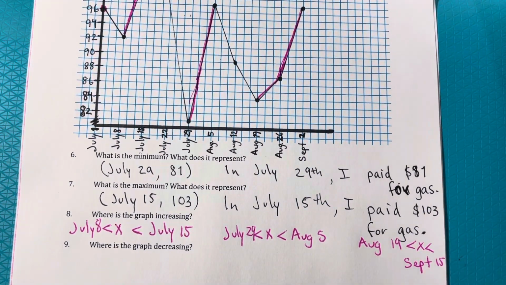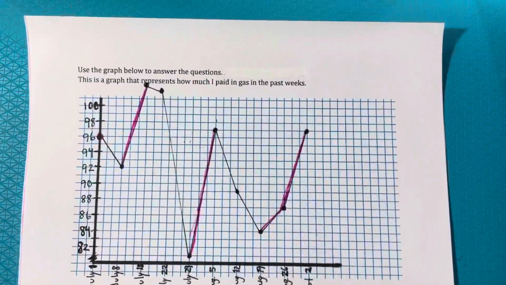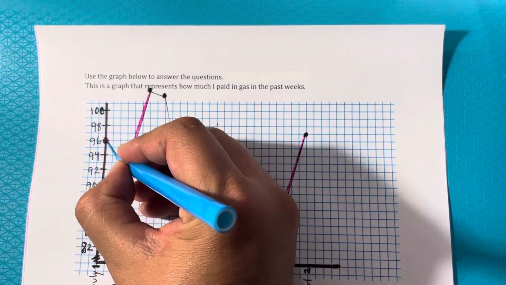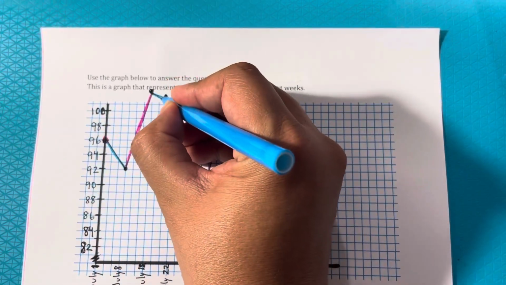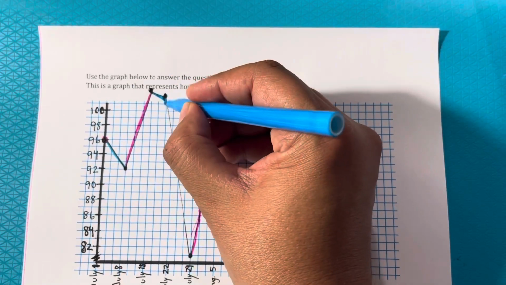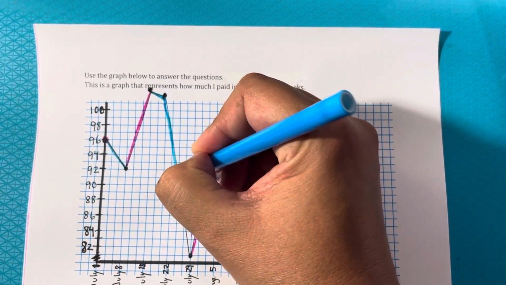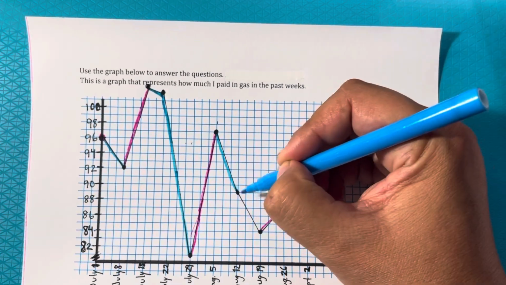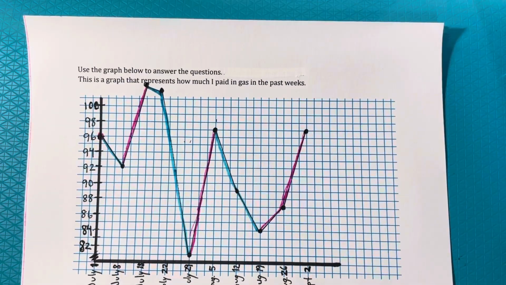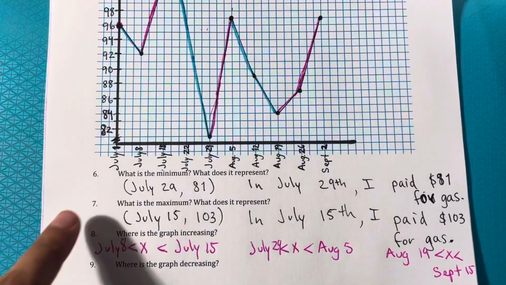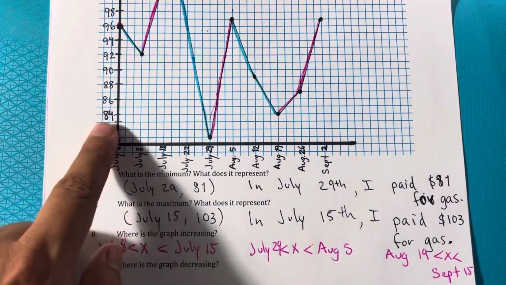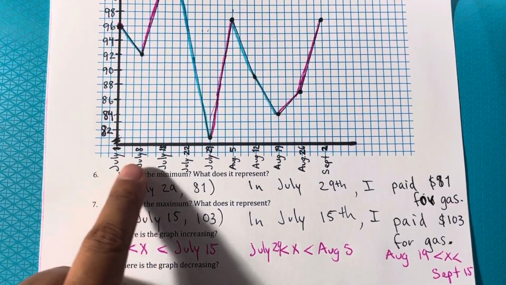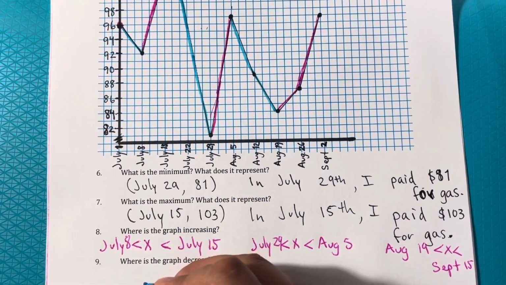Now for decreasing, let's go back there. From here to here, it's decreasing. In here, a tiny decrease. In here is a big decrease. Also in here, and from here to here as well. So we can say that it's decreasing between July 1st and July 8th.